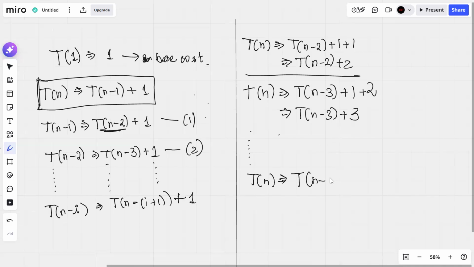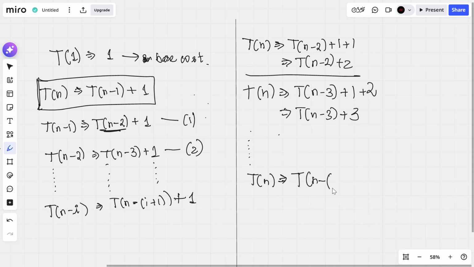So when I substitute t of n minus 2 in this first equation, plus 1, I'm getting this plus 1 from the equation itself and plus 1 from the previous equation. Correct?